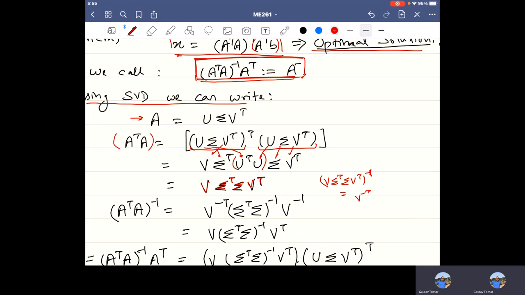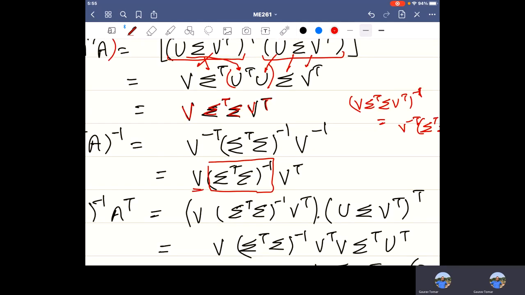So you will have V transpose inverse, sigma transpose sigma inverse, and V inverse. Because V is also an orthogonal matrix, V transpose inverse becomes V back. The quantity in the center we just carry as sigma transpose sigma inverse, and V inverse becomes V transpose.